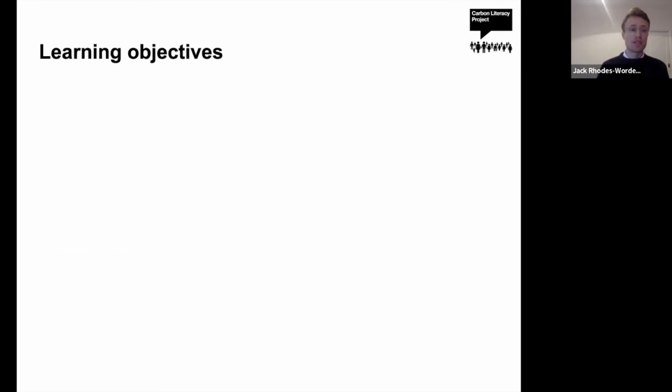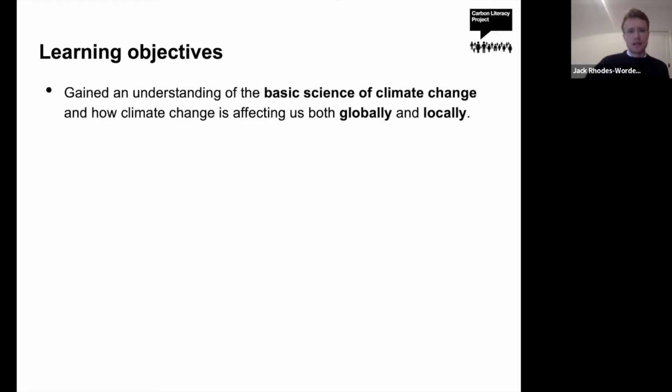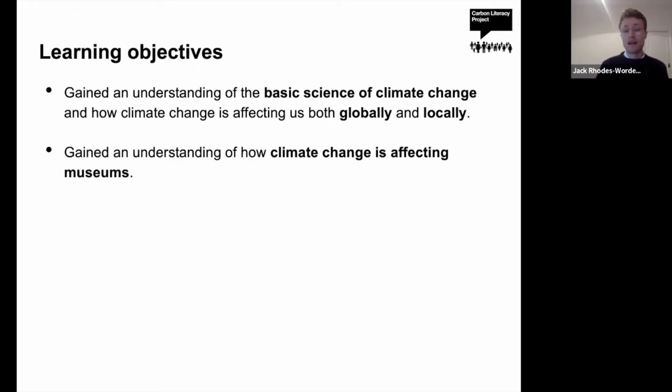So what will your staff have gained? What will they have learned having done this toolkit, having completed the training that's included within the toolkit? They'll have gained an understanding of the basics of climate change and how climate change is impacting everyone, and also have gained an understanding of how climate change is affecting museums.